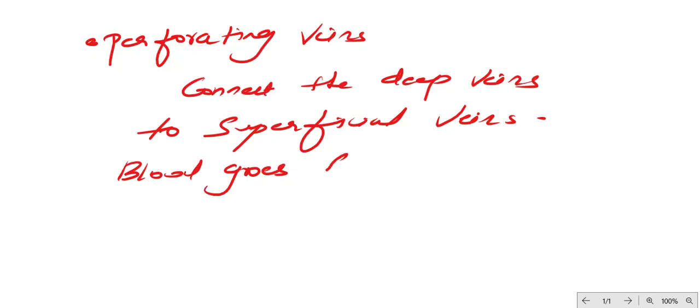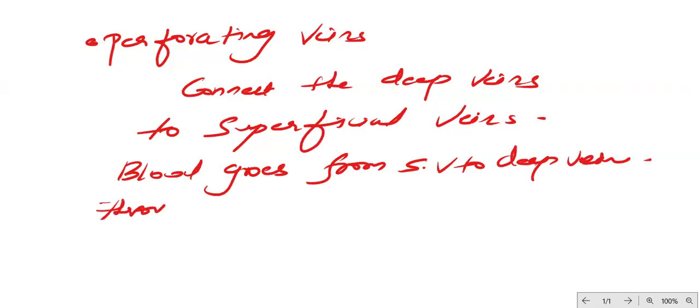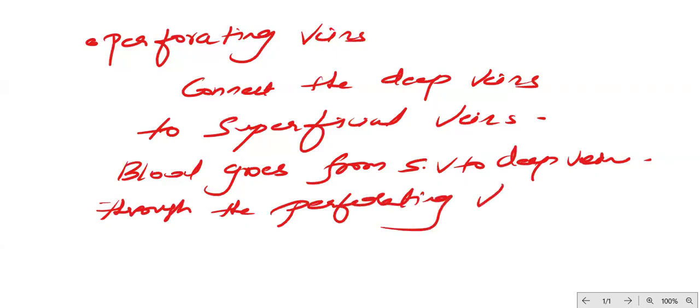Blood goes from superficial veins to deep veins through the perforating veins. It is very important.